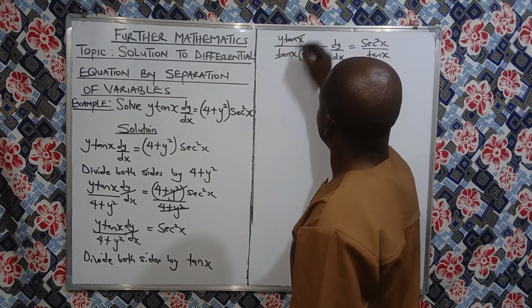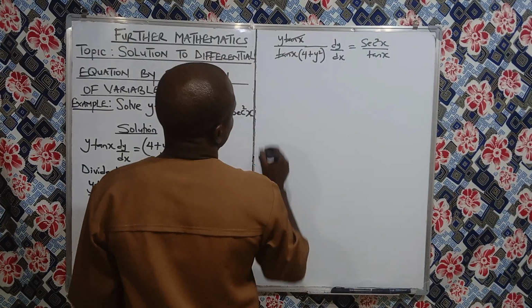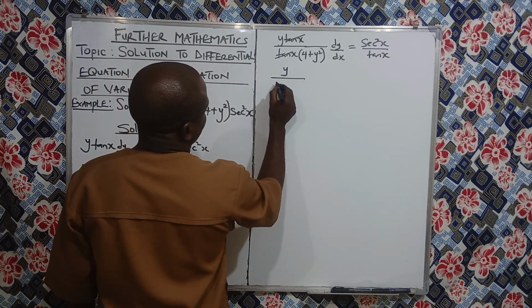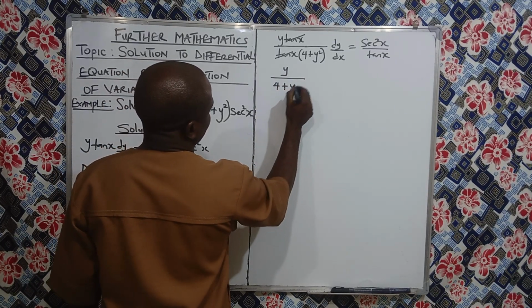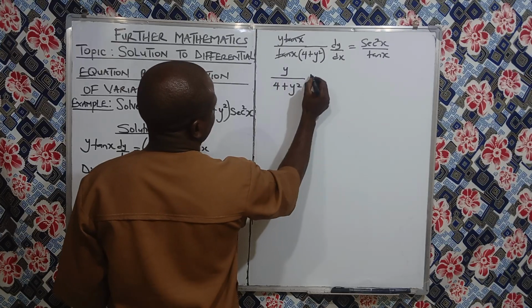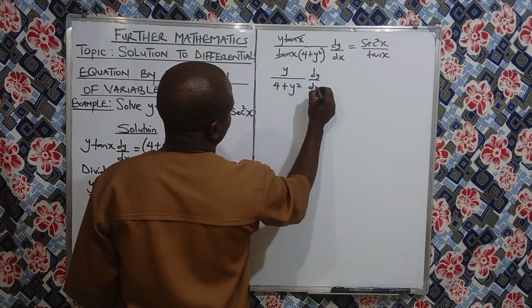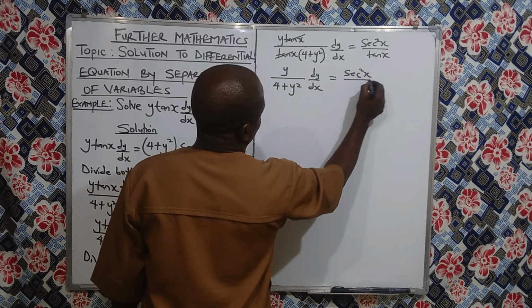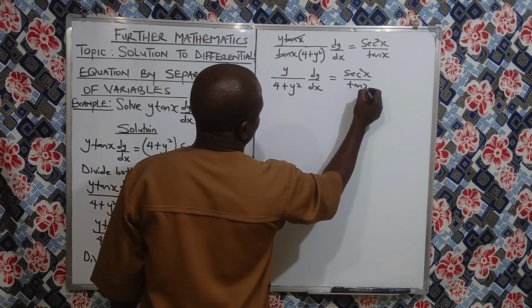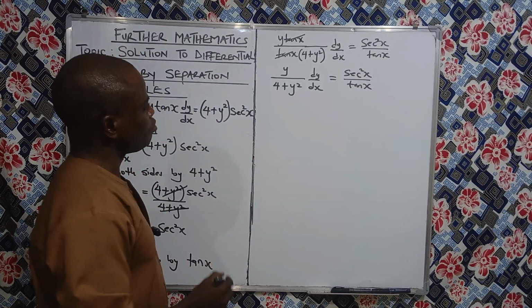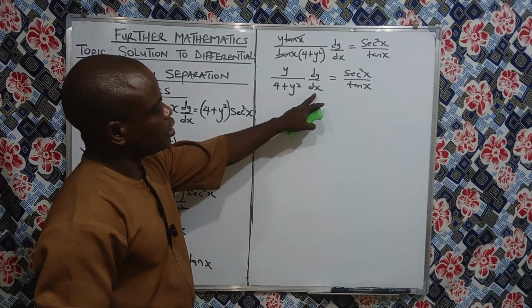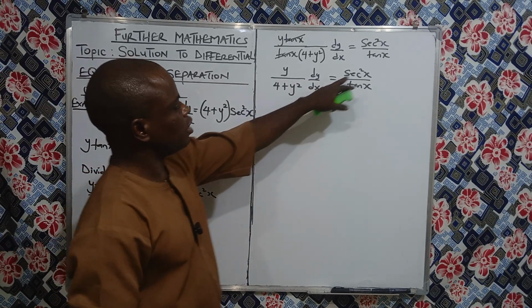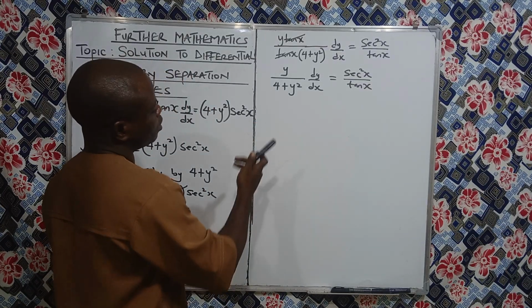This tan x cancels tan x. We're left with y over 4 plus y squared dy over dx equals sec squared x over tan x. You can see that dx is still there. dx will leave the left hand side and move to the right hand side.